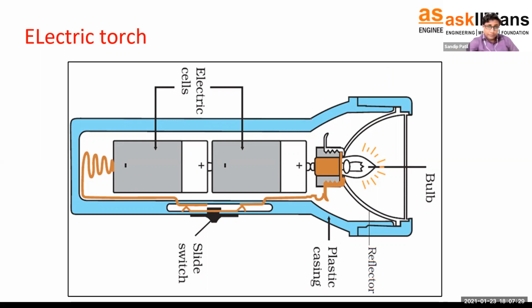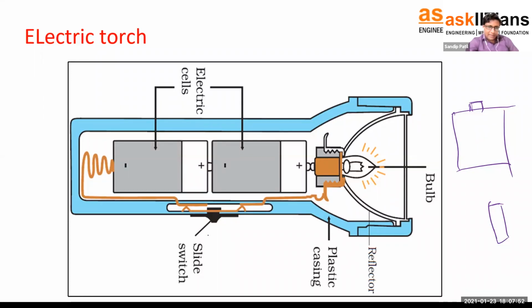Instead of that, this battery used to have bigger cells. So consider this is our smaller cell, and this bigger cell will have a size something like this. Obviously, it will generate more potential, and not only one, but the torch needed two different cells like this. The bulb is also connected there.